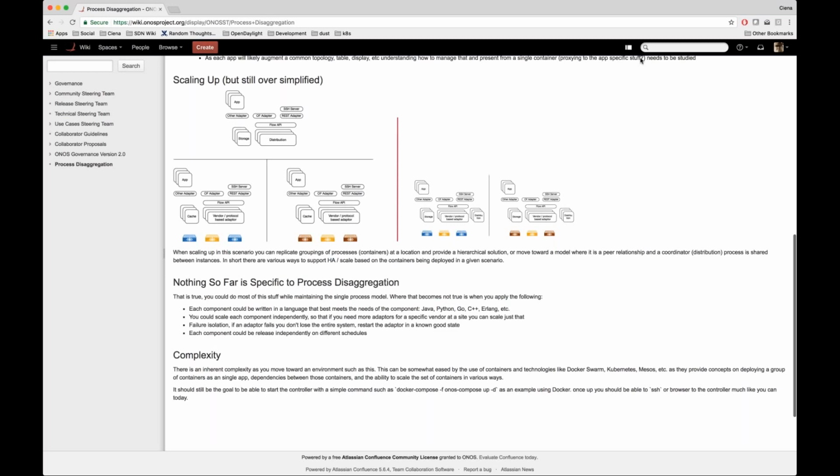What we probably ought to do, just like we have the process for code disaggregation, is put it on the roadmap, at least so that it shows up, and we can figure out where its position would be as we do the planning for the L release. That's something Ian can probably do, right?